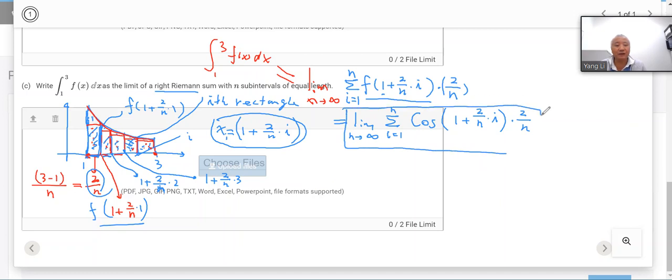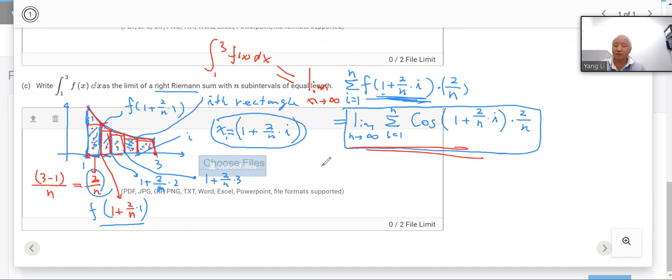Why is it right? Because I'm not picking up f of 1. I pick up f of 1 plus 2 over n times 1, then 2 over n times 2, 2 over n times 3, like that. So I always pick up the right endpoint. See that? So that's the Riemann sum. This is the answer for this one, okay?